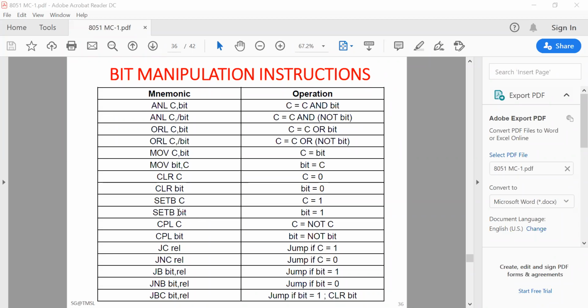And if I need to clear a particular bit, CLR P0.0. Okay, it's not given here. CLR C, it will be CLR bit, a particular bit. So these are the bit manipulation instructions. So a particular one bit can be accessed or operated according to your requirement.